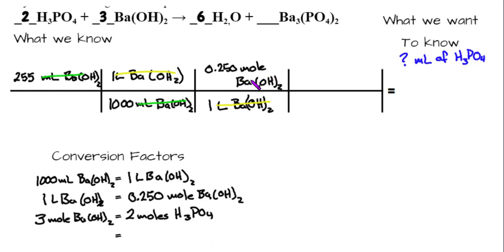So I have moles barium hydroxide, so there's going to be 3 moles of barium hydroxide for every 2 moles of H3PO4. And I do this so that the moles of barium hydroxide cancel with the moles of barium hydroxide.